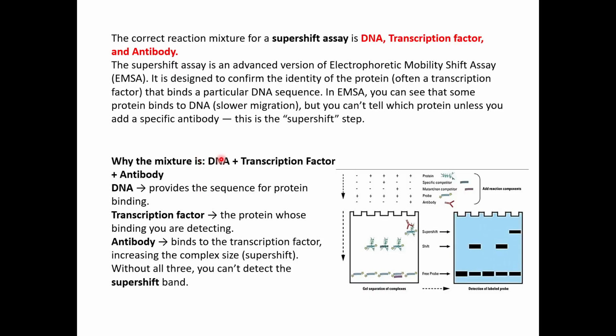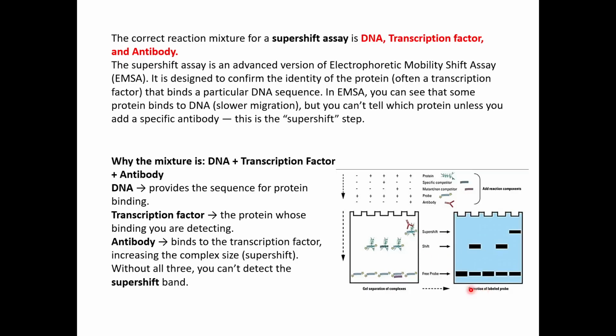Because now you have an extra addition other than your protein of interest on your DNA, the shift will be double. After addition of antibody, the level at which your DNA runs will be much slower than your DNA and transcription factor, which will be slower than your regular DNA, which is probe free.